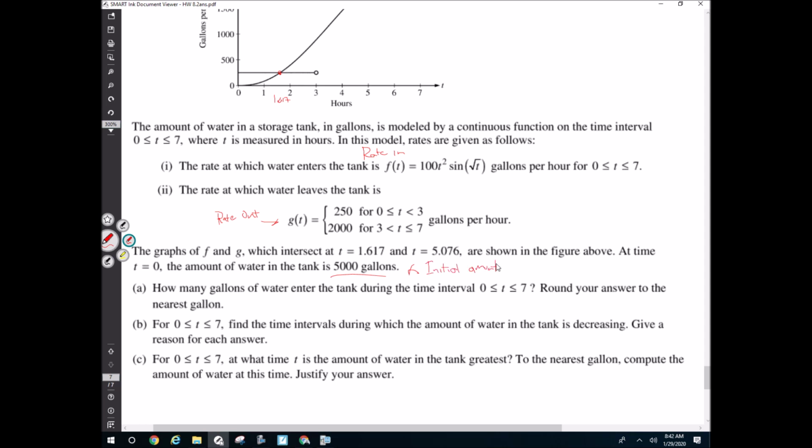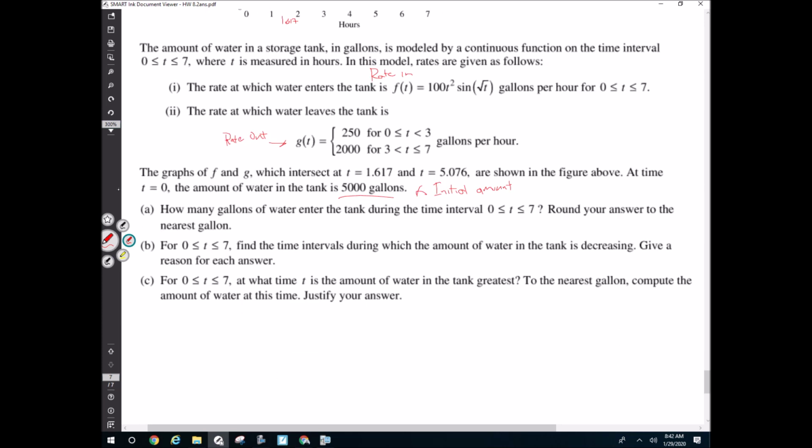How many gallons of water enter the tank from 0 to 7? So again, this is another question where it's just the total in. Total in would be the integral from 0 to 7 of my rate in.